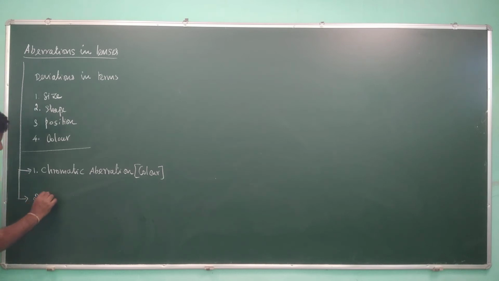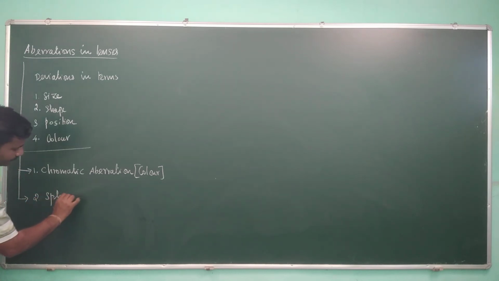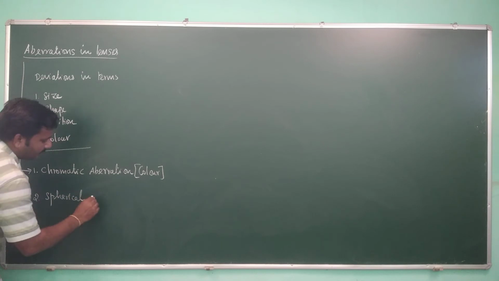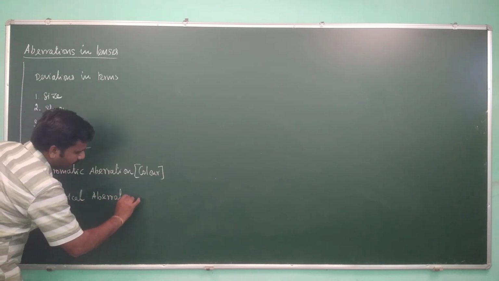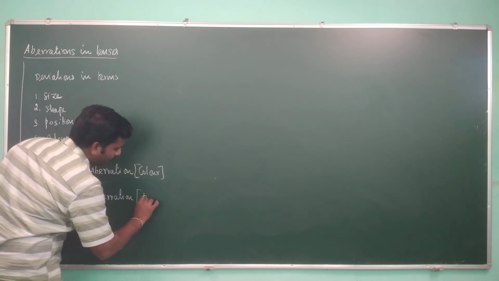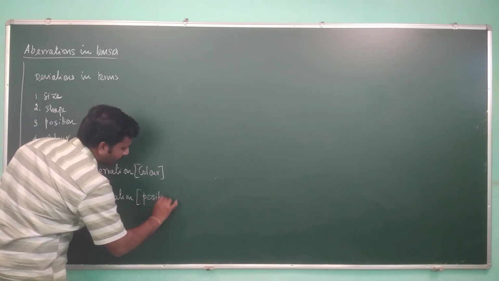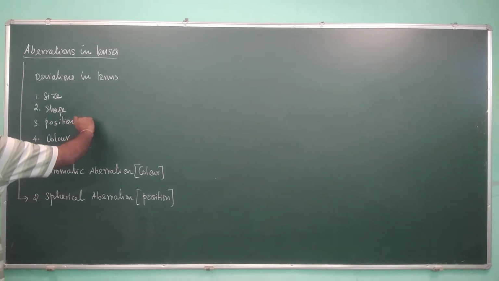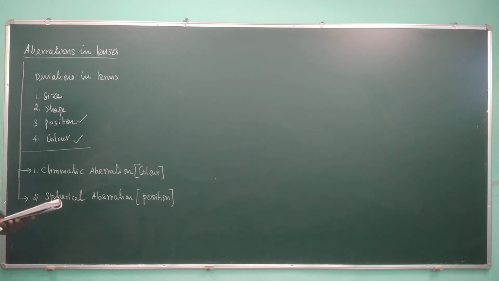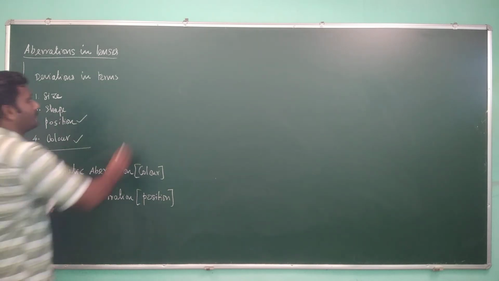Second one is spherical aberration, that is related to position of the formed image. We are going to see color and position. Okay, let's see what is chromatic aberration.